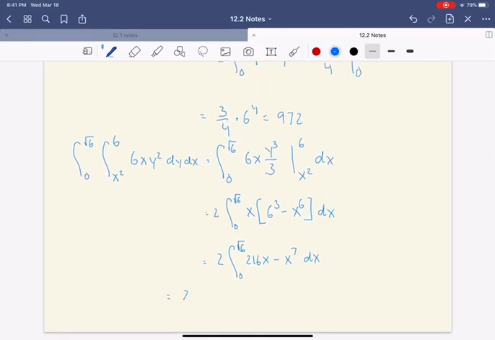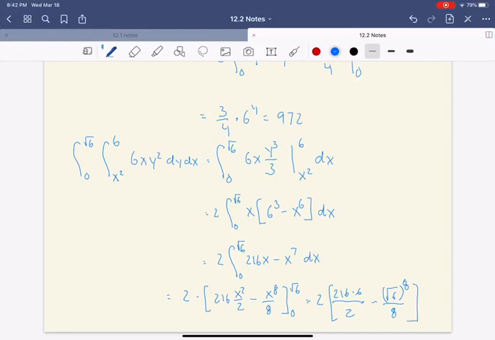That is 2 times 216 x squared over 2 minus x to the 8th over 8 from 0 to square root of 6. 2 times 216 times 6 over 2 minus square root of 6 to the 8th over 8.